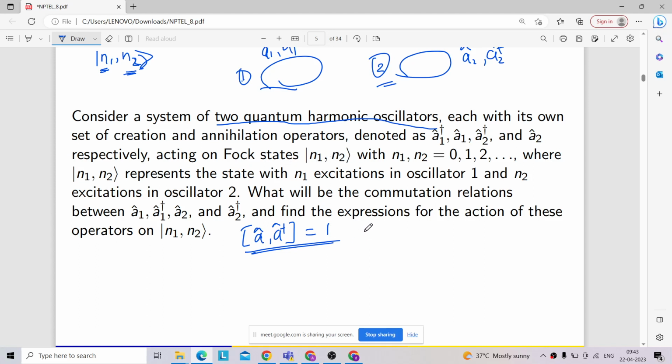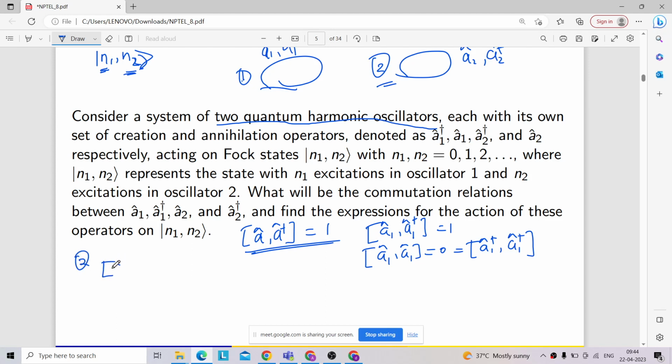So the commutation relation for the first system between the annihilation and creation operator will be 1. Similarly, the commutation of the annihilation operator with itself will be 0, and the commutation of the creation operator with itself in this first system also will be 0, right?